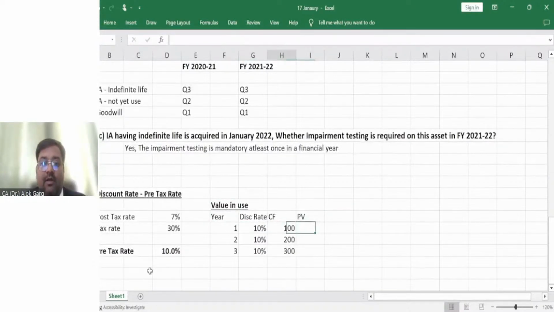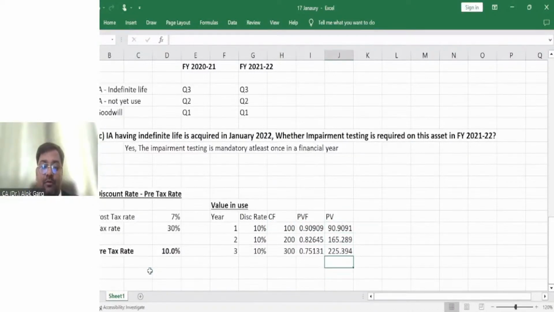Now let's calculate the present value factor. How will you calculate the present value factor? The discount rate is 10%, so 1 divided by 1.1 gives you the present value factor for the first year. When you divide by 1.1 again, it gives you the factor for the second year, and then for the third year. When you multiply the cash flow with the present value factor, it gives you the present value.